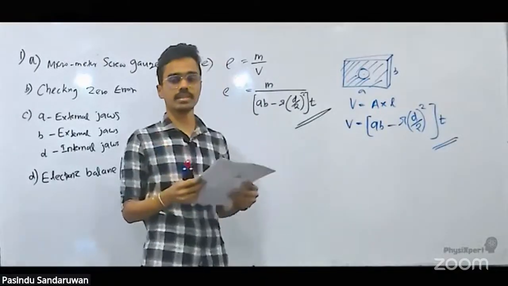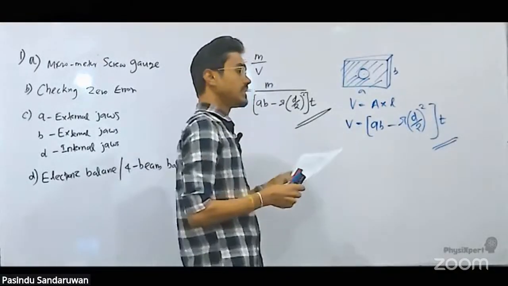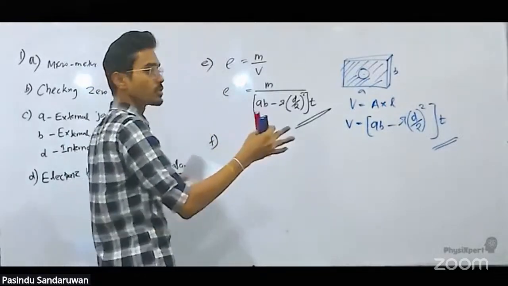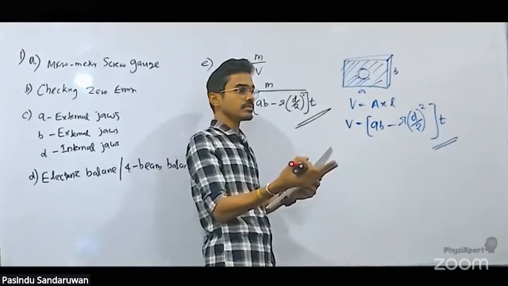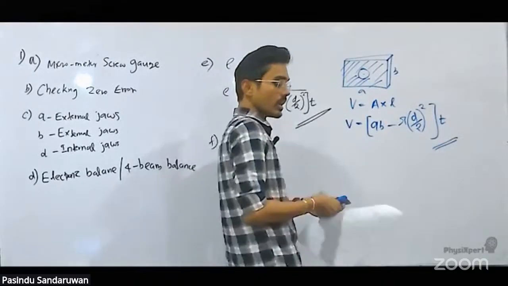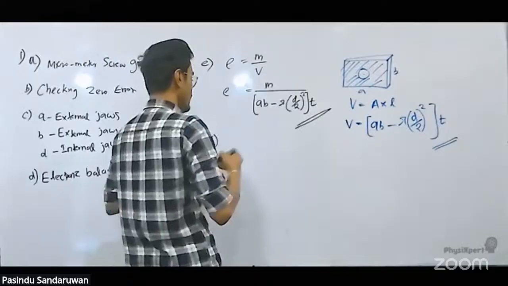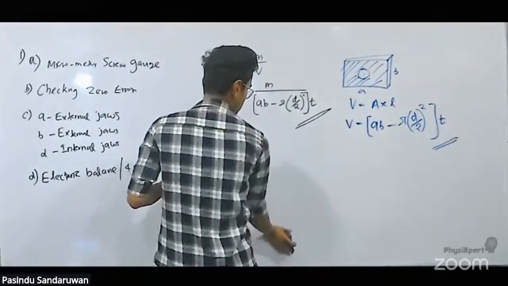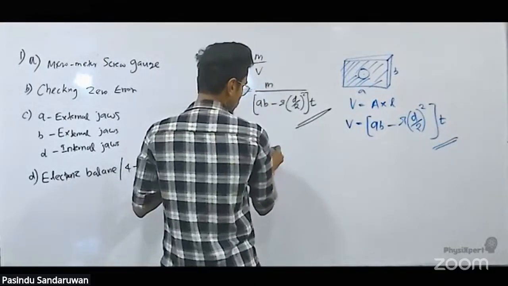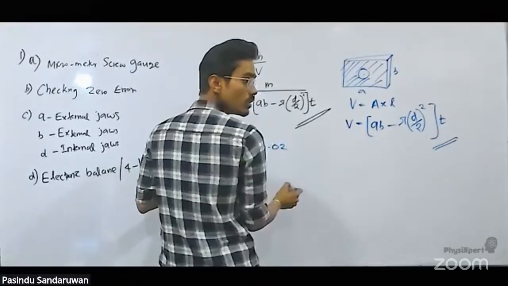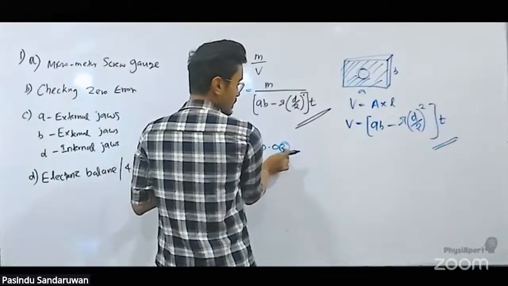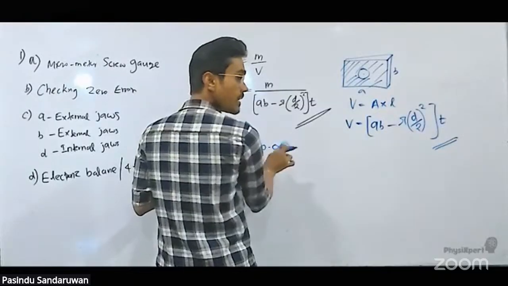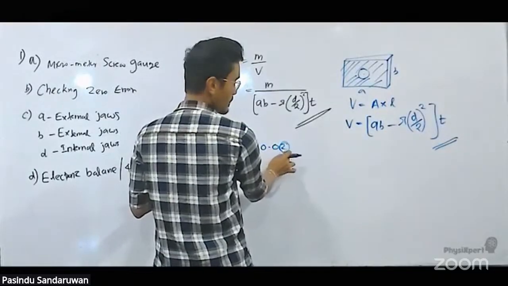Plus, there is another thing you have to check: whether all values are present. Sometimes it can be only even values. If the least count was 0.02, all the measurements should have the second decimal as an even number, multiples of 2.